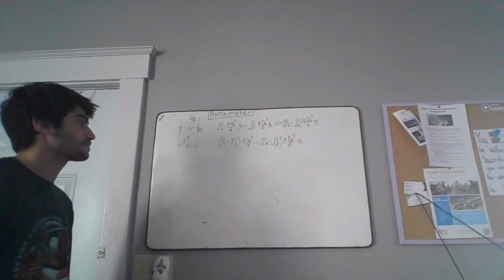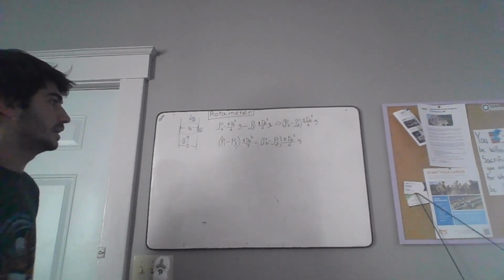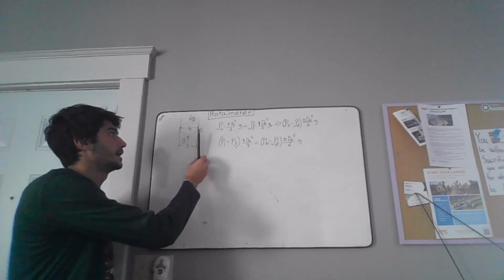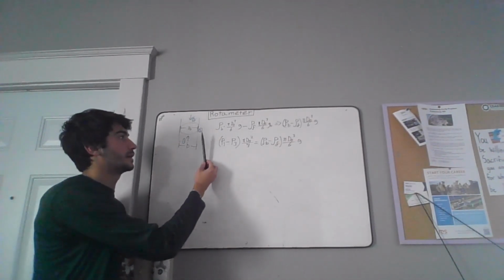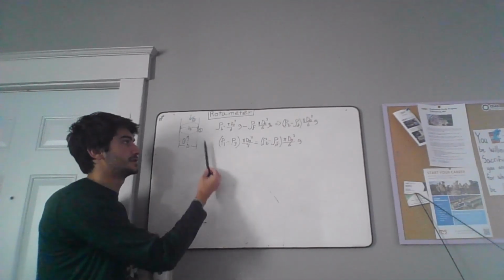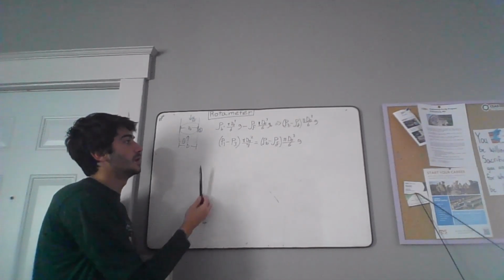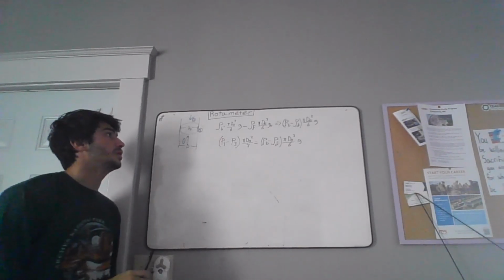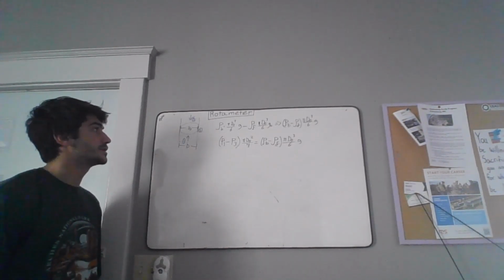Okay. However, we want to be dealing with the pressure at point 2, right? We want to think about what's going on at this instance, because 3 and 1 is very simple. What we know is going on between 2 and 3 is that it's going through a sudden expansion, right?